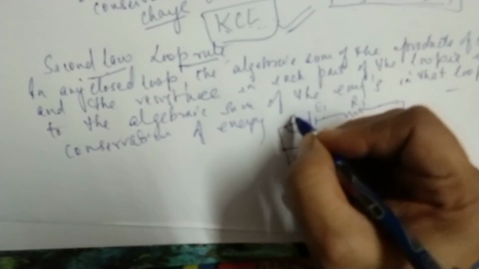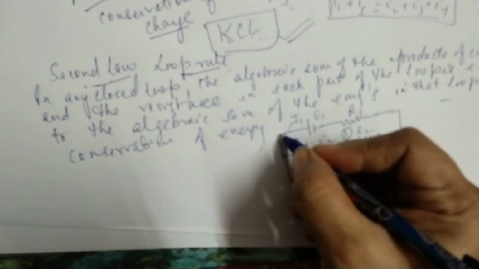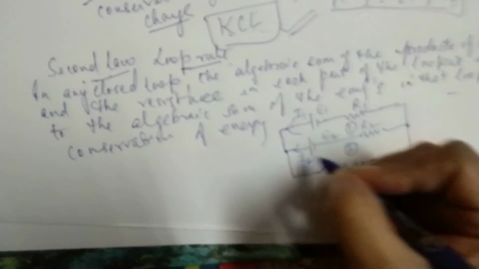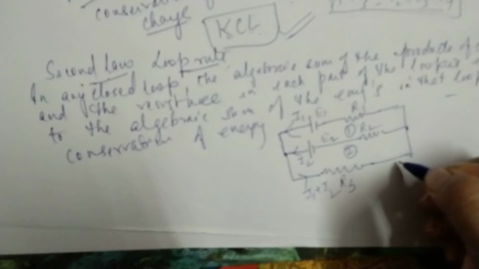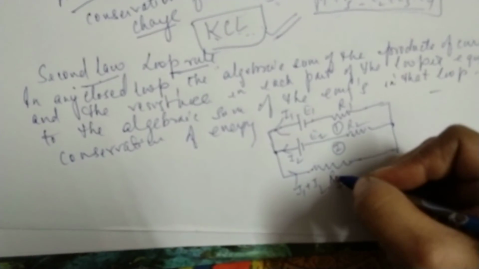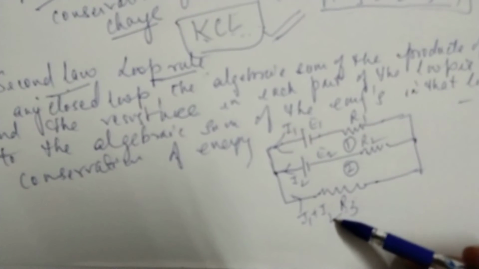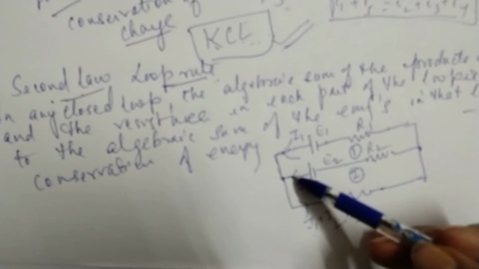Now if we see the current, let us suppose here we have got the current I1, and from here we have got current I2. So when this comes at this particular point, this is I1 and this is I2. So for R3, the current is I1 plus I2, because I1 is coming from here, I2 is coming from here.